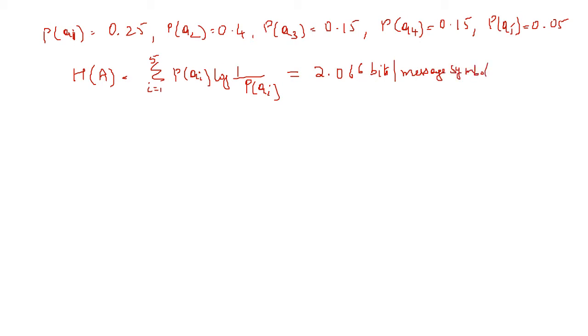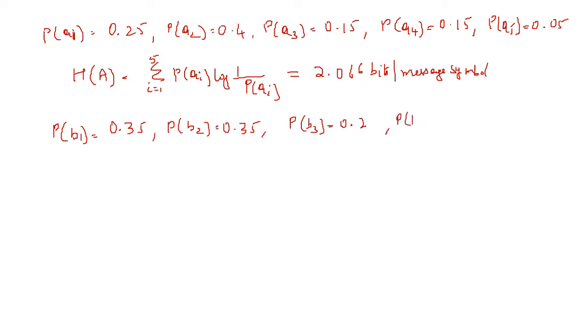Now to find the output entropy H of B, by the second property, adding the elements column wise gives the output probabilities. So P of B1, the first column, is 0.35. P of B2, the second column, is 0.35. P of B3, the third column, is 0.2.